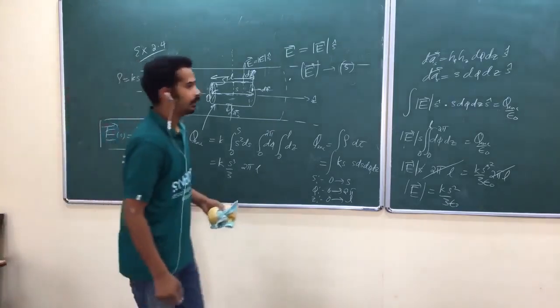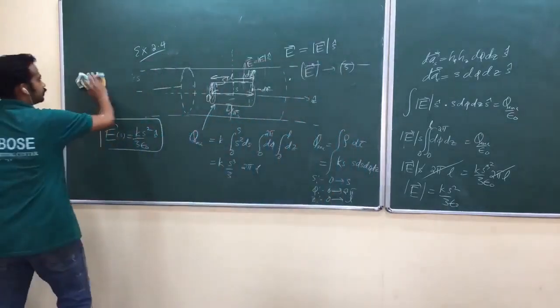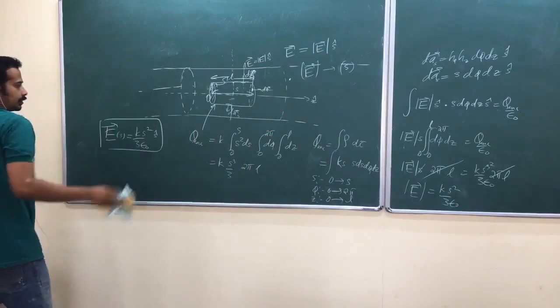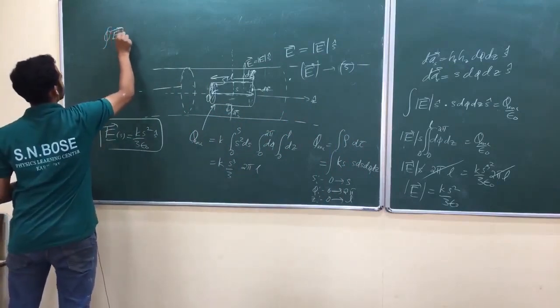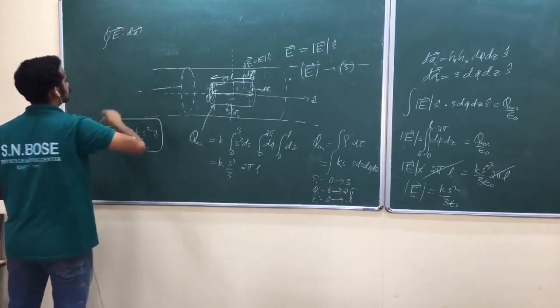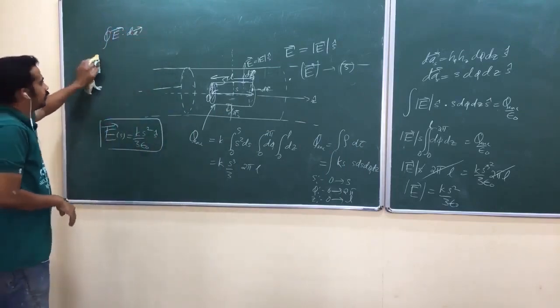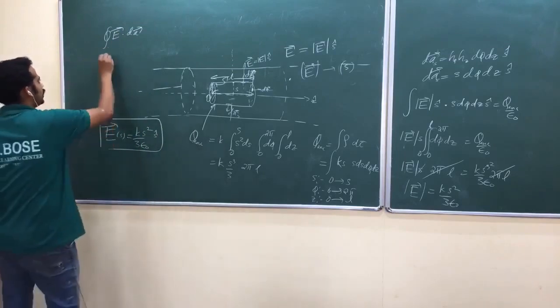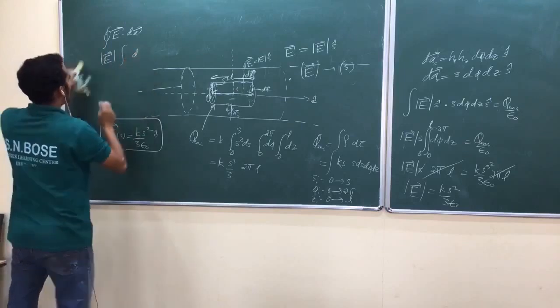Over. Now let me just give one more idea. Last one. Do it quickly. While doing this part, usually electric field will come out, am I right? What you get? Integral of E dot dA.